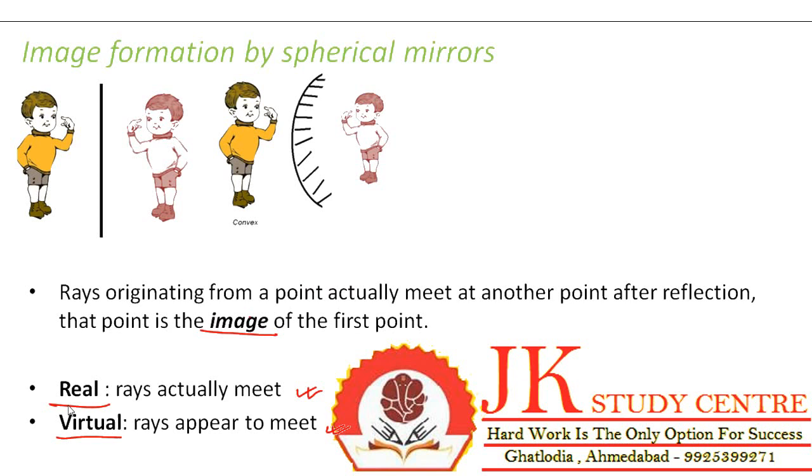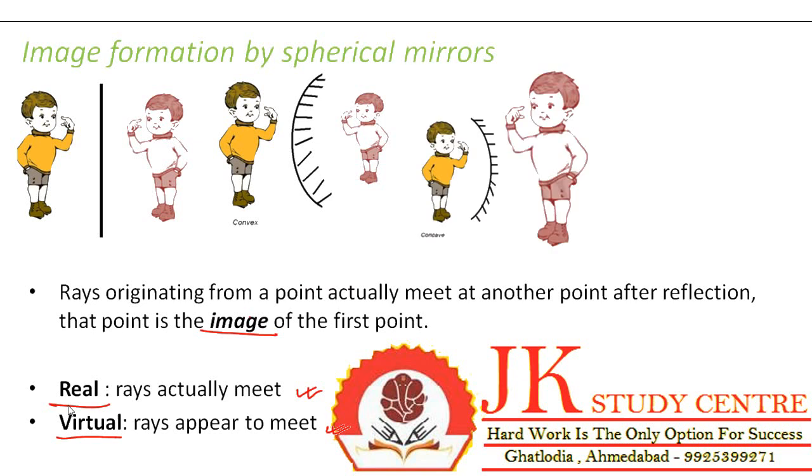Now take the example of a convex mirror. In a convex mirror, we again get a virtual image. In case of a concave mirror, you get both a virtual image as well as a real image. Here you have got a virtual image, but here again with the same concave mirror, you got a real image. This was your object and this was the image.